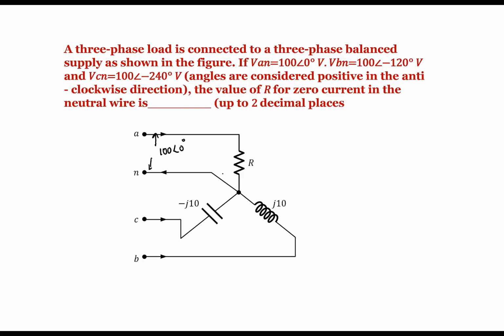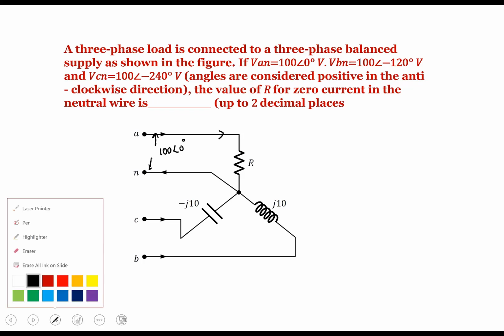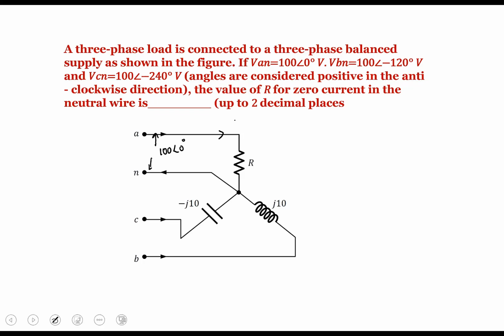So he's telling that the neutral current is 0. What is the current flowing in this path? IA. What is the current flowing in this path? It is IB. And here it is IC.